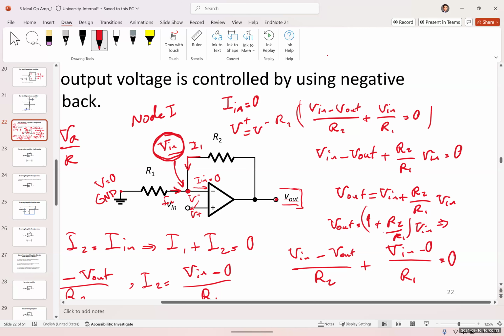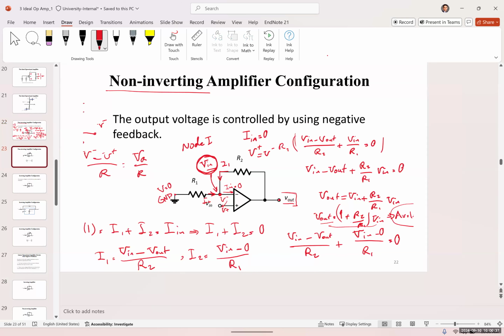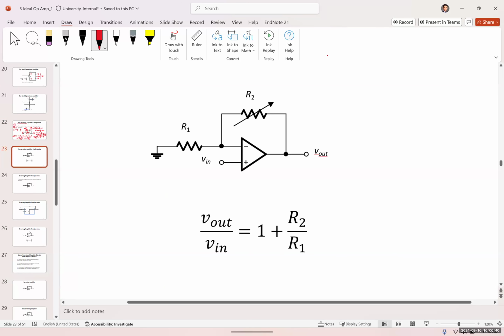Therefore, the gain AV would be V out over Vn, which is 1 plus R2 over R1. So for a non-inverting amplifier, AV, or the gain, would be V out over Vn, which is 1 plus R2 over R1.